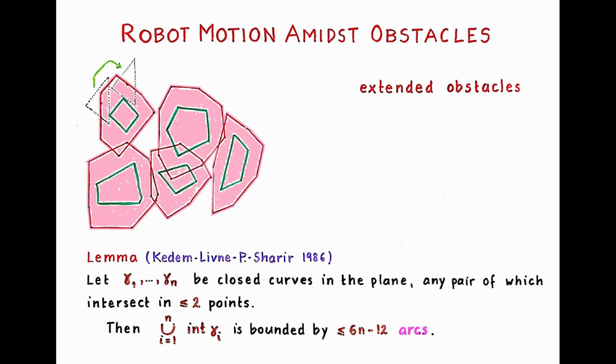Yes, your feeling that here Euler's theorem plays a role is correct. 6n minus 12 is twice the number 3n minus 6, and this is really how the proof works, but the translation to this problem is not trivial. Anyway, for our purpose, the important thing is that it is linear. The number of arcs, the complexity of the picture, is linear in n.